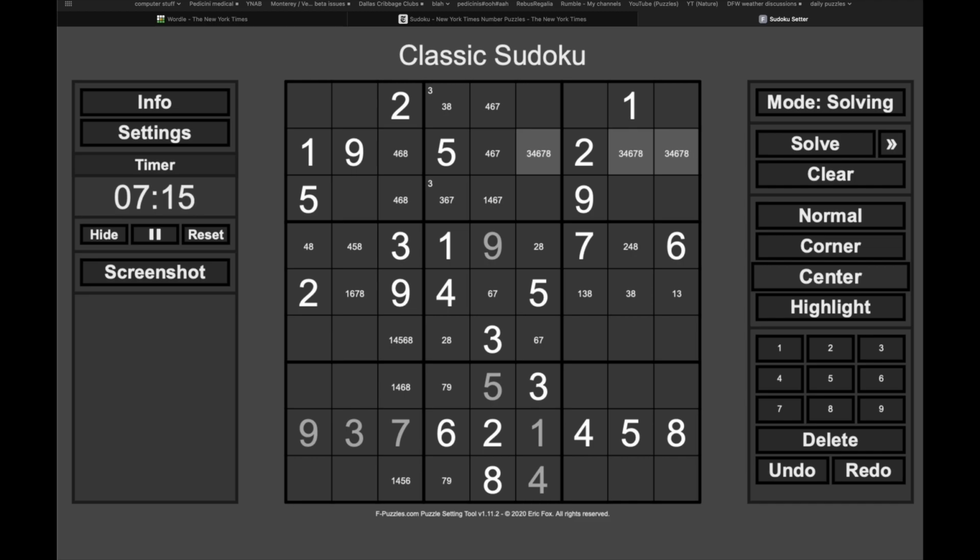Tells me I need 3, 4, 6, 7, and 8 in these remaining cells now. This is not 3 or 4. That could be just about anything. That's not 6 or 8. It would still be just about anything else.